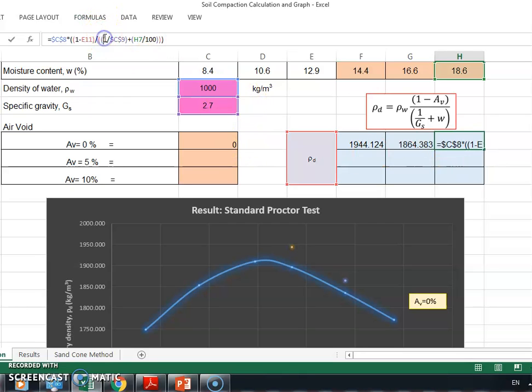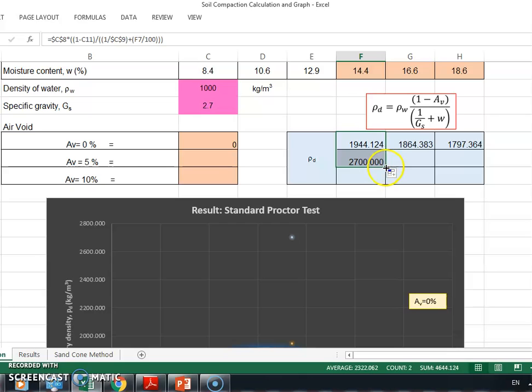Okay, check first. Okay, and you can also calculate for the 5% air void.